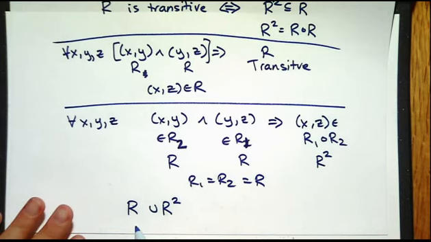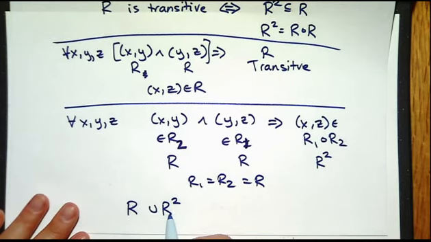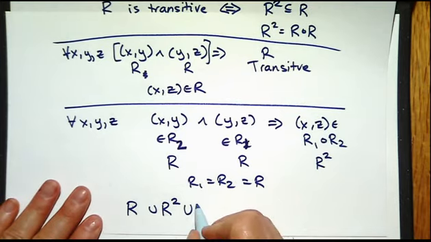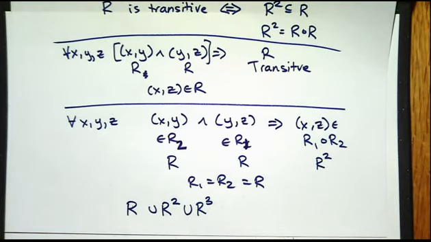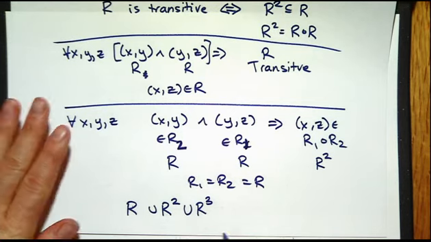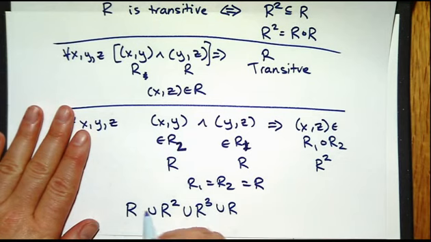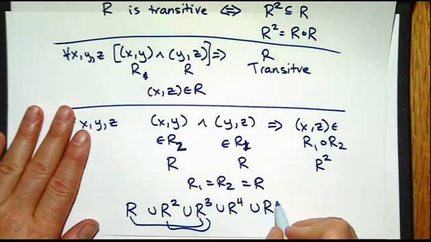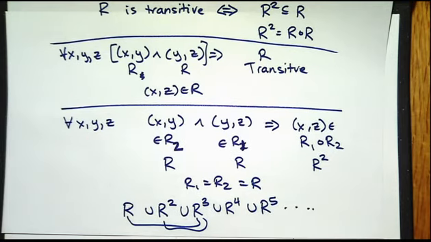So I have to see actually if there's a point like AB in here and BC in here, I have to make a new AC. But that point comes from R cubed. But then I have to do R cubed with all the other ones. So I also need to union it with R4 to do it with these two, and R5 to do it with those two. Oh my goodness, it goes forever.